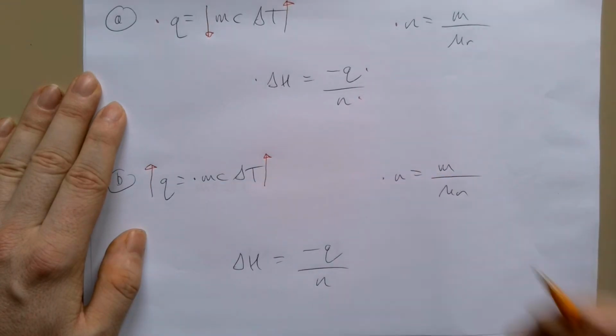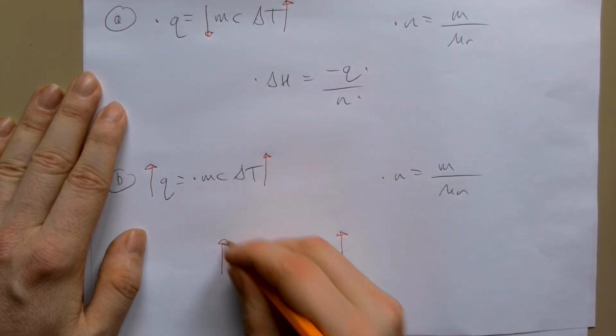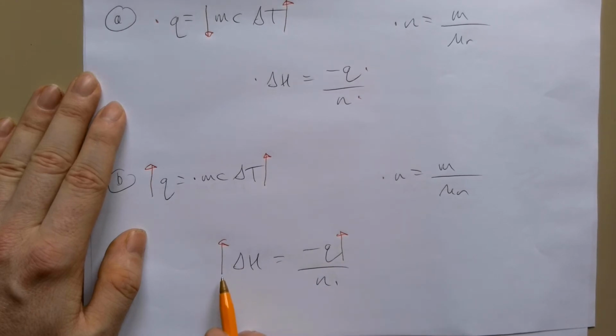And moles won't have changed, but their recorded heat change is more, and so their enthalpy will appear to be greater in magnitude. As this is an exothermic reaction, it would appear to be more exothermic.